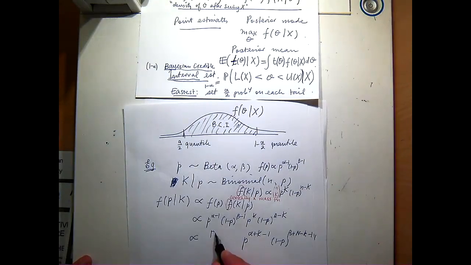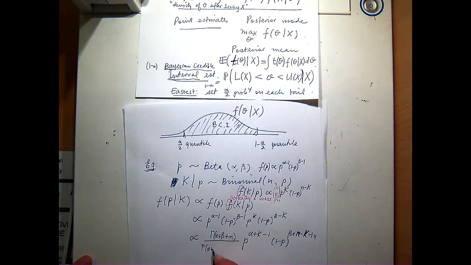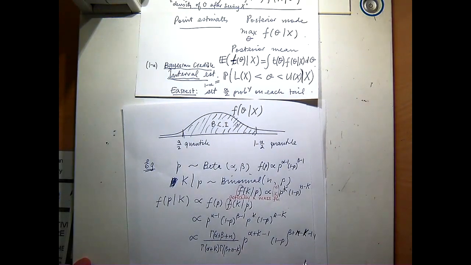Gamma of the sum of those two on the top, alpha plus beta. I had a capital N and a lowercase k, that's not so great. Maybe a lowercase n and a capital K. The K's cancel out, alpha plus beta plus n divided by gamma alpha plus K, gamma beta plus n minus K. Okay, so I just know that constant because I know this is a beta.